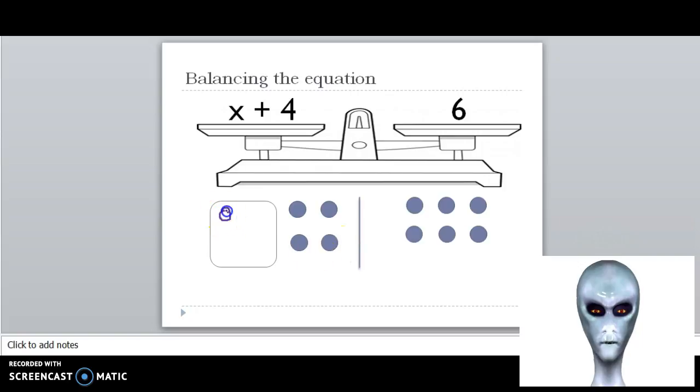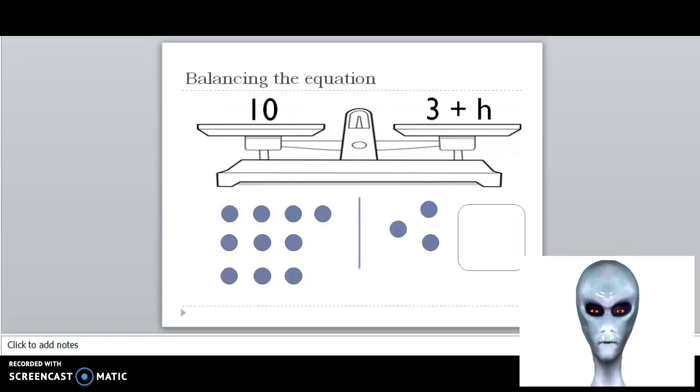If I add 5, 6, I've balanced my equation. I have 6 dots on this side. I have 6 on this side. And my variable x is equal to 2. 2 plus 4 gives me 6 in order to balance out my scale or my equation.